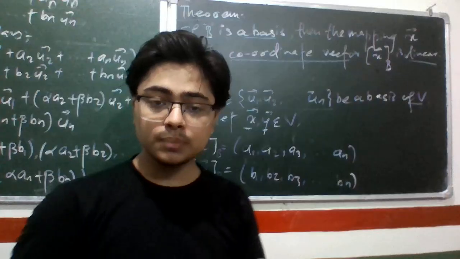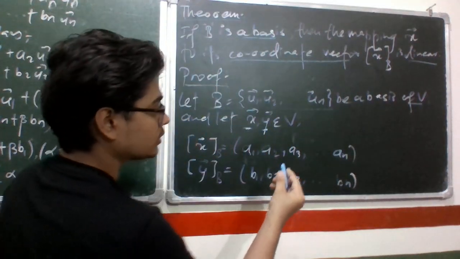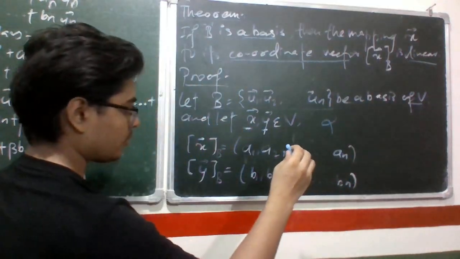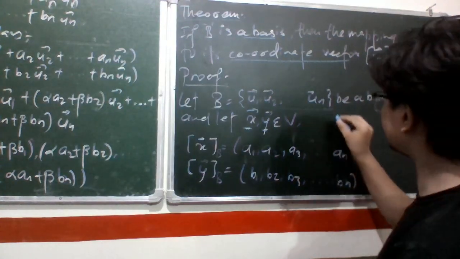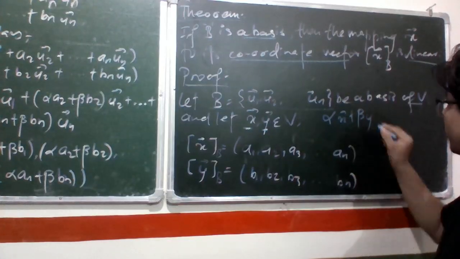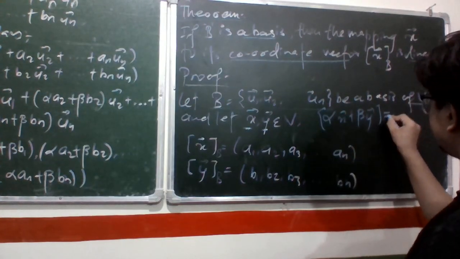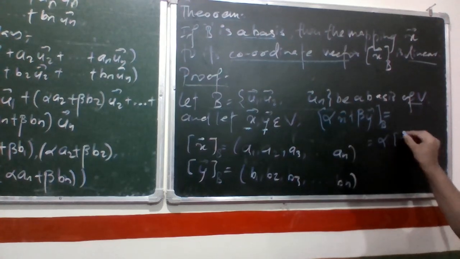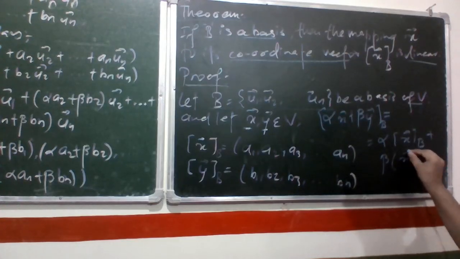That means we have to prove two things. First, if we consider a linear combination of x and y like this, then we have to show that this is equal to alpha times x b plus beta times y b.